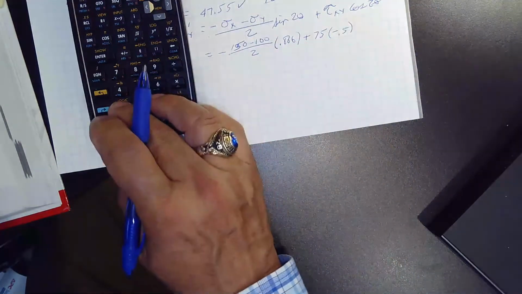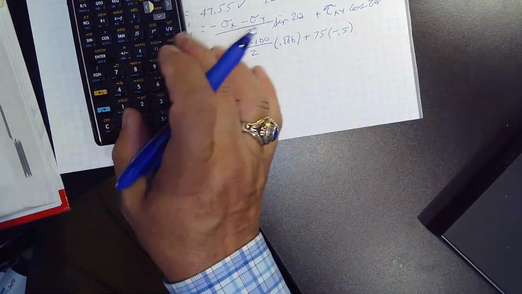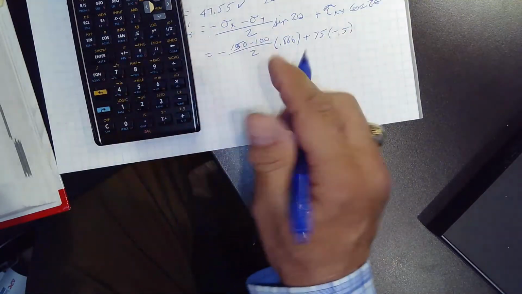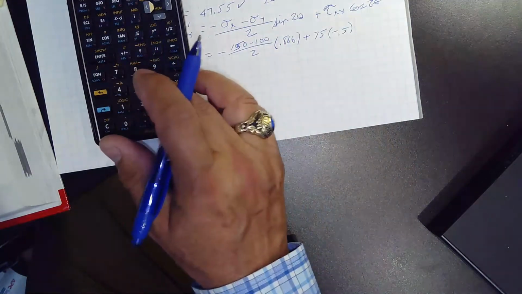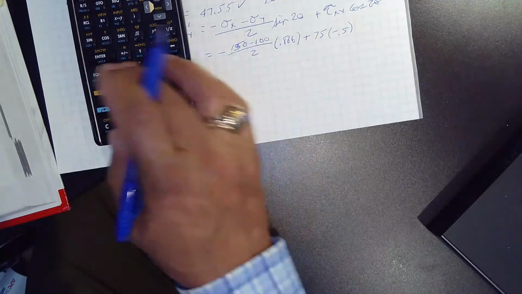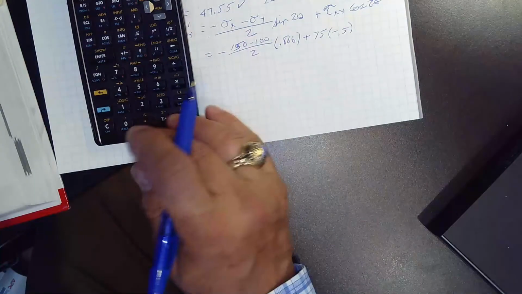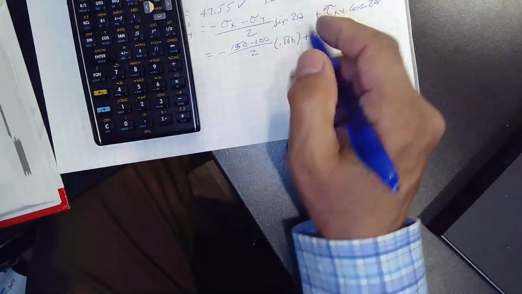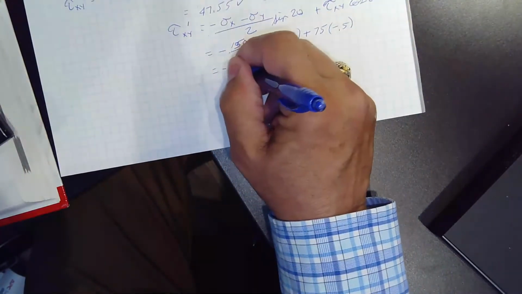So now we get 150 minus 100, divided by 2, change sign, times 0.866, and then we have 75 times minus 0.5, and you get minus 15.85.